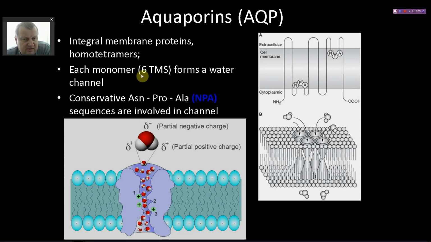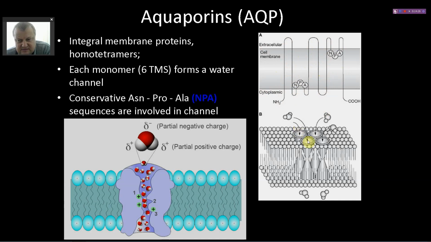Each monomer forms a water channel, and each monomer penetrates the membrane 6 times. You can see on this figure a cell membrane, and this is the monomer of the aquaporin. You can see that this protein penetrates the membrane 1, 2, 3, 4, 5, 6 times.